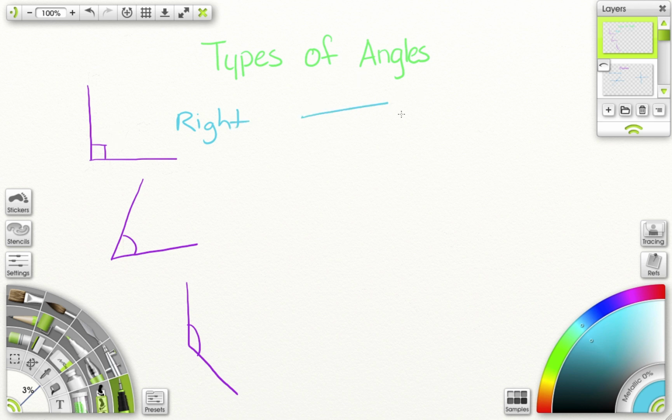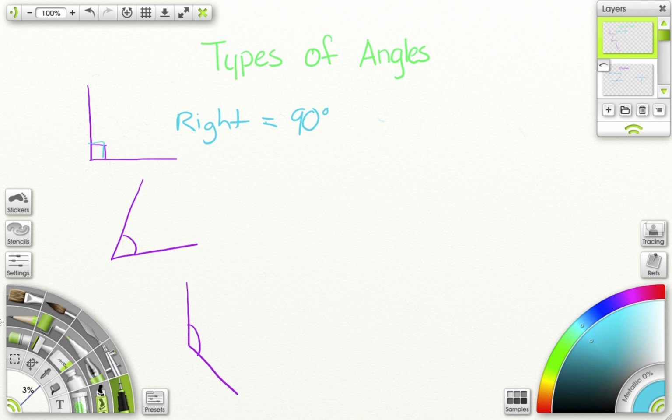Sometimes you'll see it drawn like this or like this, but it will more likely than not have this square. And that's right there, our dead giveaway that it's a right angle. A right angle is always 90 degrees. So this right here equals 90 degrees. So it's called a right angle and it always is 90 degrees.